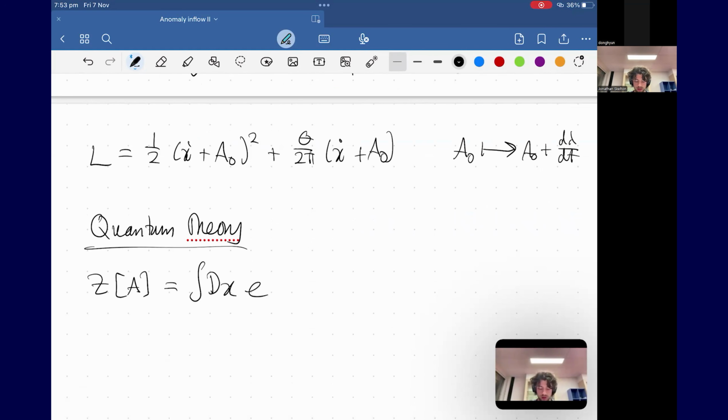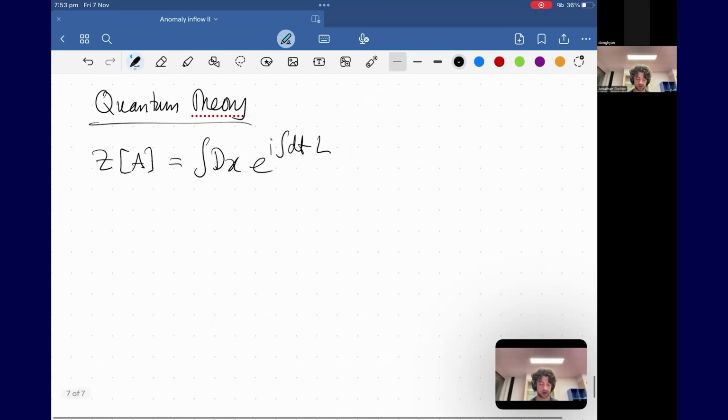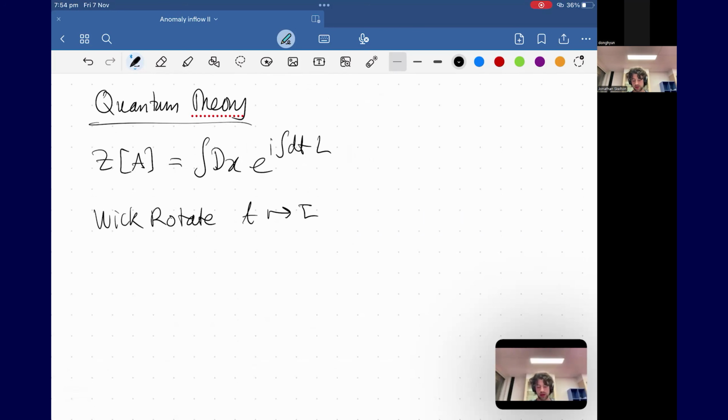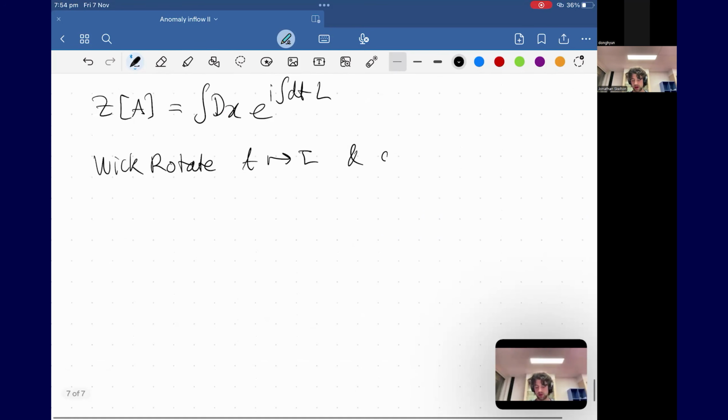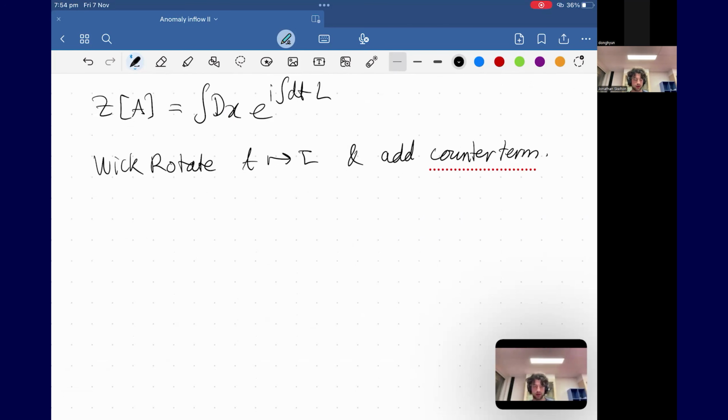It's going to be e to the i integral dt of L. Just to make the analysis a bit simpler, we then want to Wick rotate, so I'm just going to replace t with tau. The second thing is we can also add our counterterm. This was like the beta term we had before.